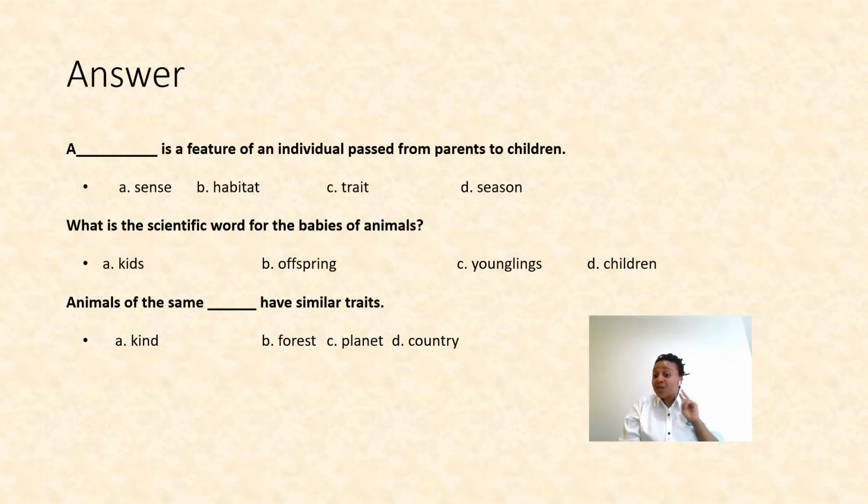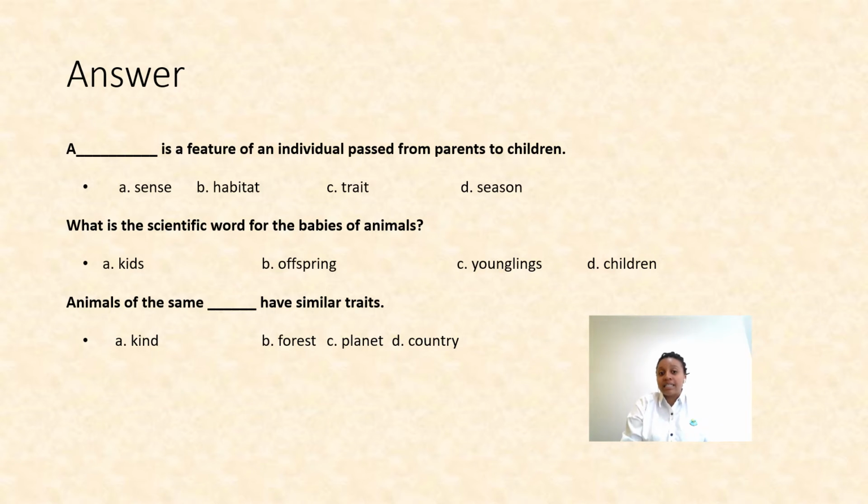Now, let's do this together. So we will answer the following things, okay? So you have to choose from A, B, C, or D. A is a feature of an individual passed from parents to children.